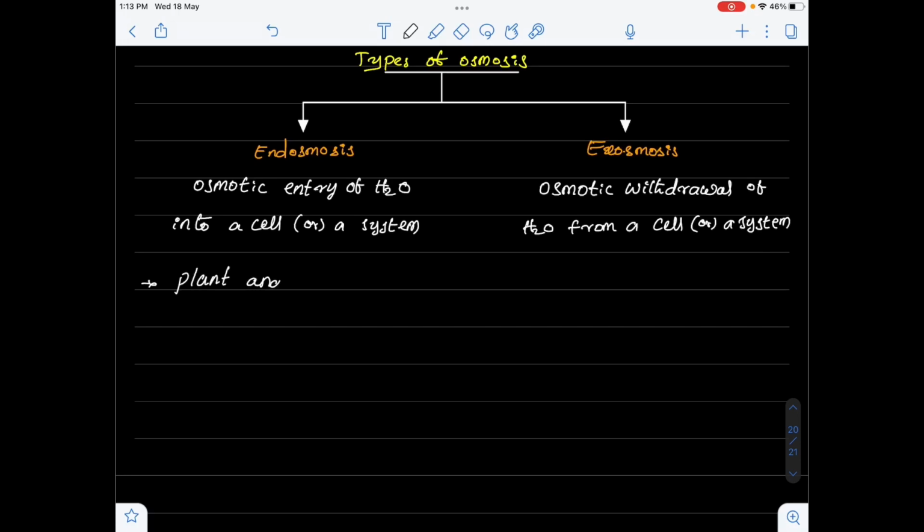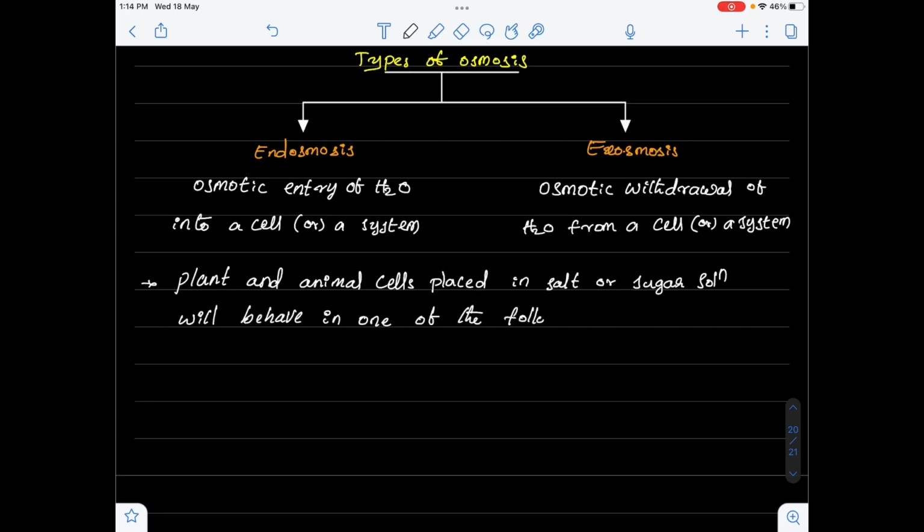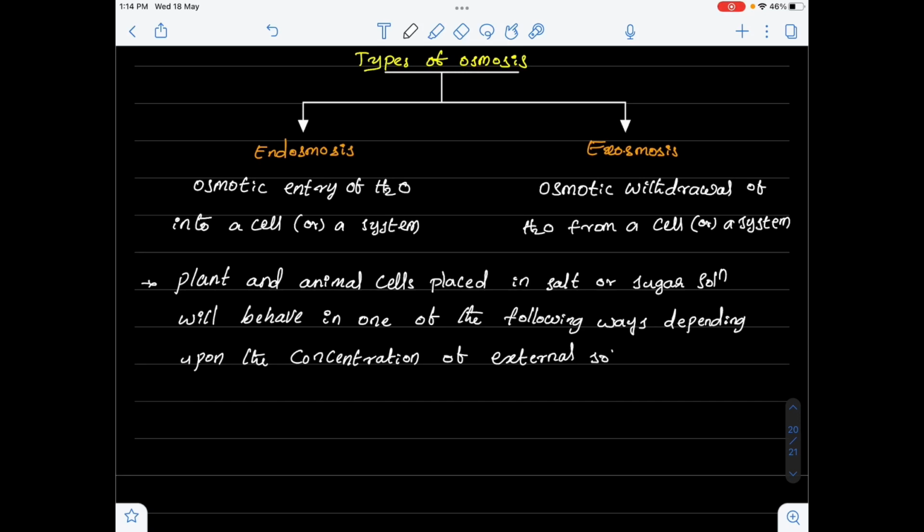Plant and animal cells placed in salt or sugar solution will behave in one of the following ways depending upon the concentration of the external solution.